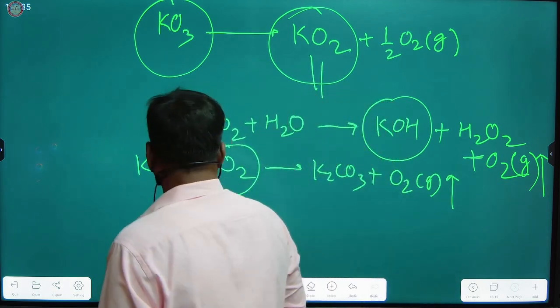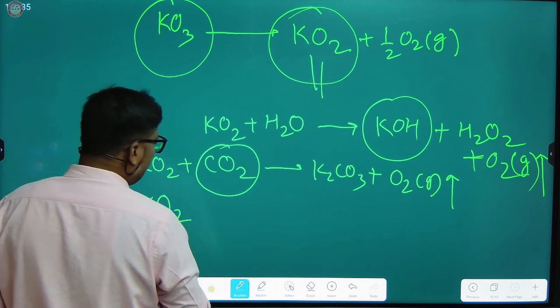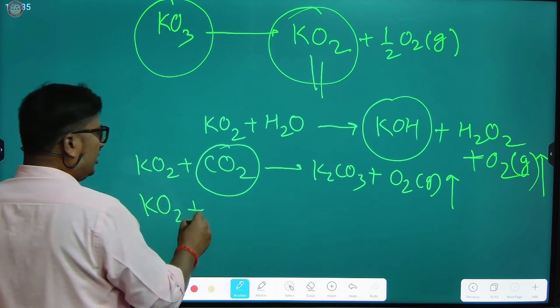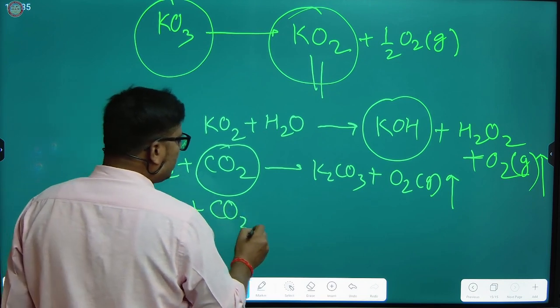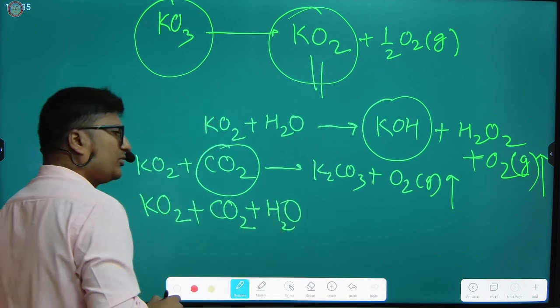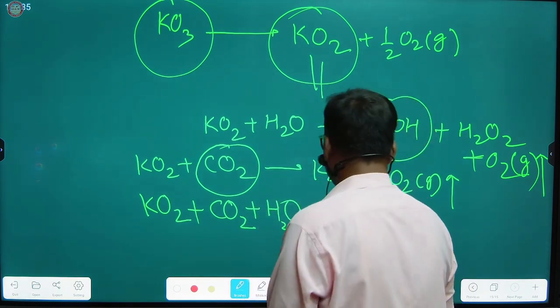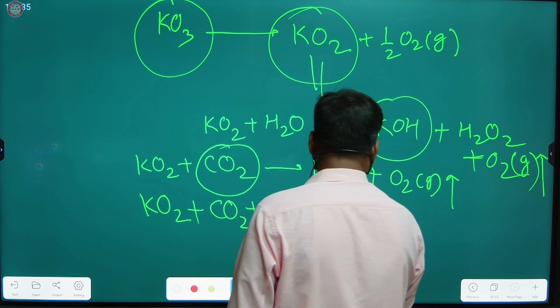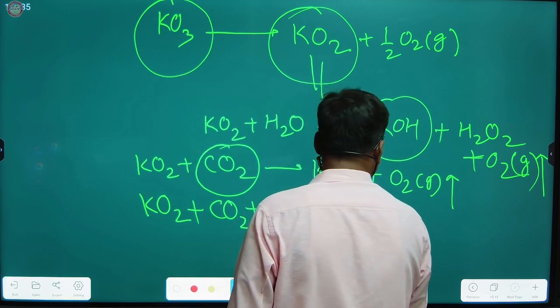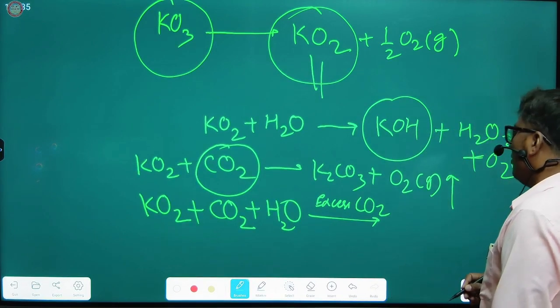Now, if this superoxide, that is potassium superoxide, reacts with carbon dioxide in the presence of water, H2O, suppose H2O with excess CO2, okay?